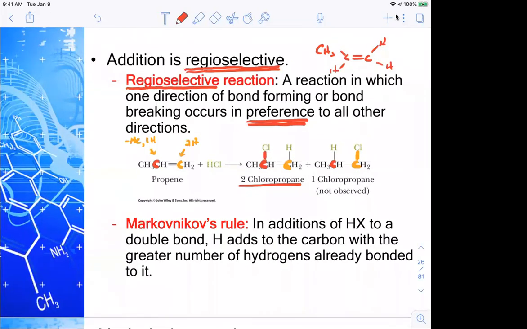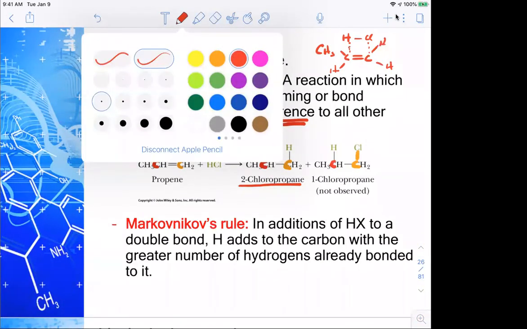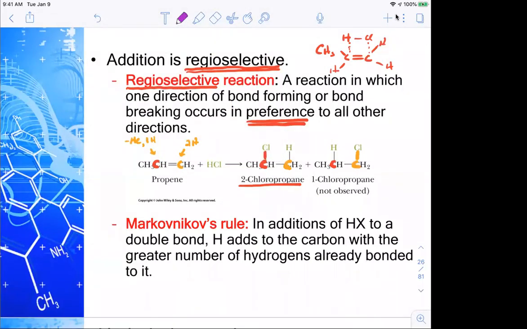So basically, I can have the H and the Cl adding this way, or I can have the H and the Cl adding this way. So notice my chlorine can either be on this carbon or this carbon, and I just literally flipped the HCl around.